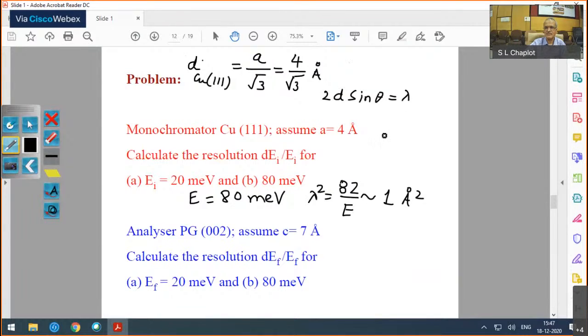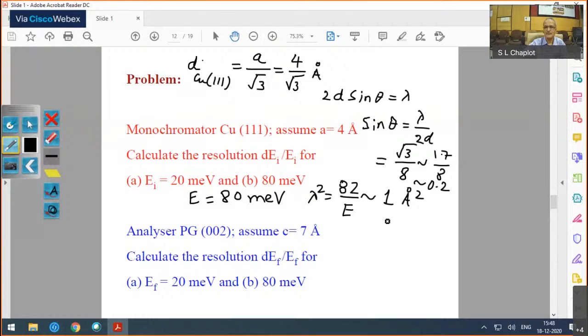If lambda is about 1 and d is known, I would know what my sine theta is. Sine theta is lambda upon 2d, and therefore you can see that that will be root of 3 divided by 8. That is the value of sine theta. Numerically, root of 3 is about 1.7 divided by 8, so this is roughly 0.2.